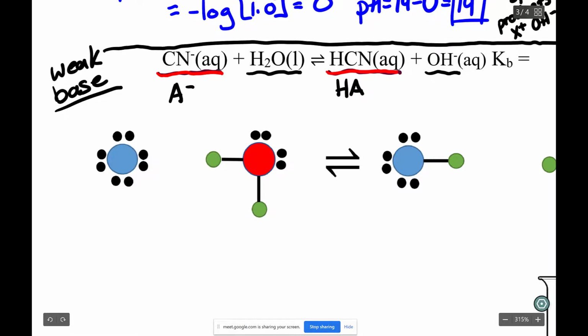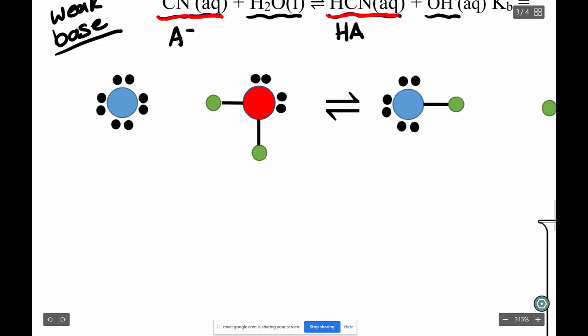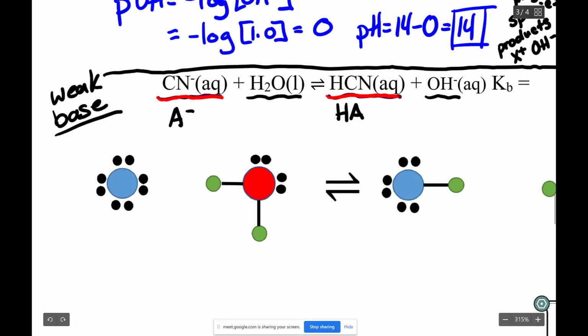Now, if something is a proton acceptor and protons are H plus, then a weak base has to be negative in some kind of way. So for instance, this is an anion, and most anions, other than the 5 that are neutral ionic, can act as a base.